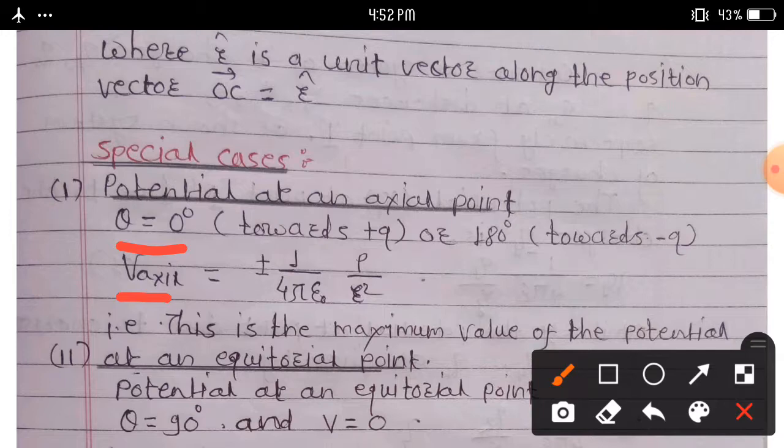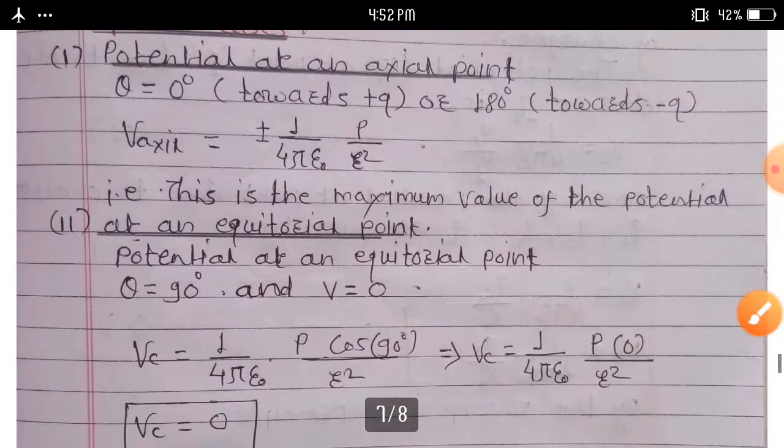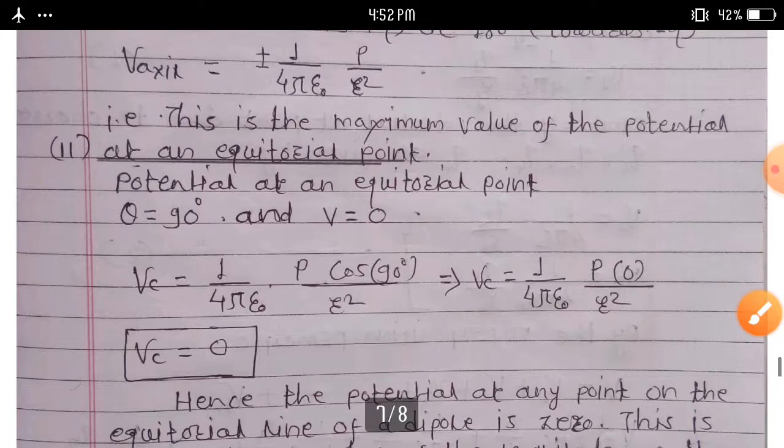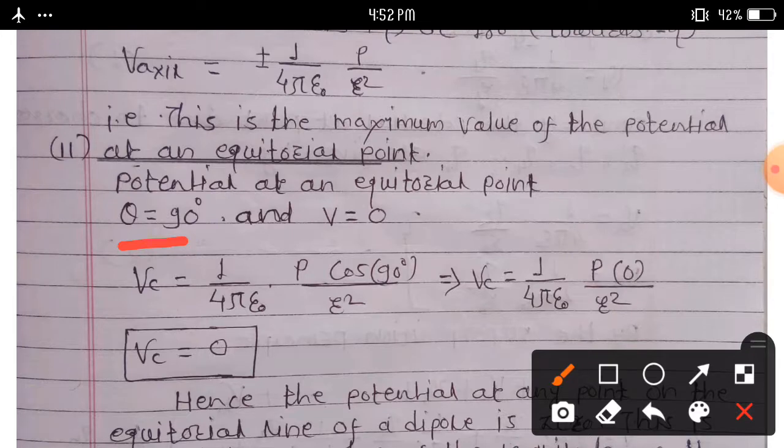And the second case: potential at an equatorial point. Here theta is equal to 90 degree. Take this value, V_c is equal to 1 upon 4 pi epsilon naught p into cos 90 upon r square.